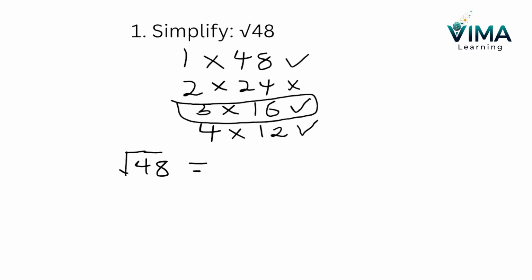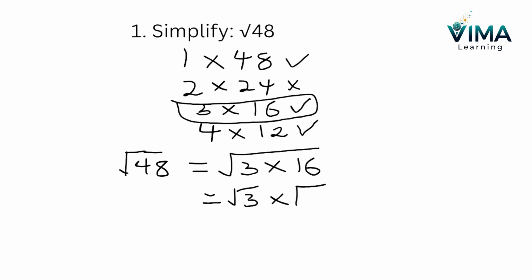So the square root of 48 would be, you put the square root and then put the pair you have chosen, 3 times 16. So now when you have 3 times 16 all in a square root, it can still be the square root of 3 times the square root of 16. Since the square root initially covered the two numbers, we can bring them out individually and put them in their own separate square roots.